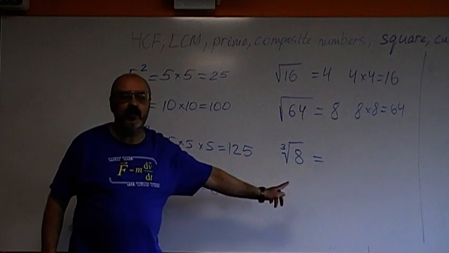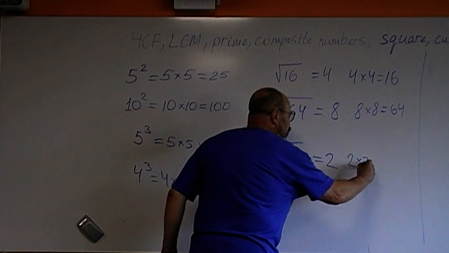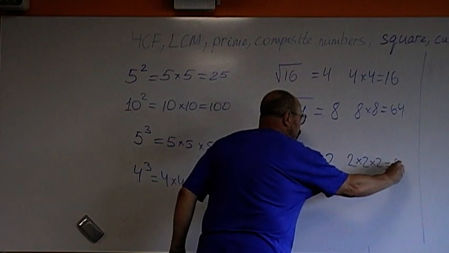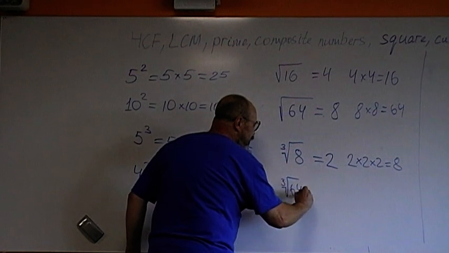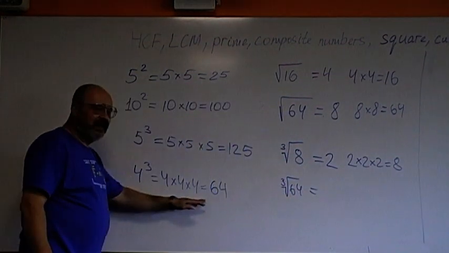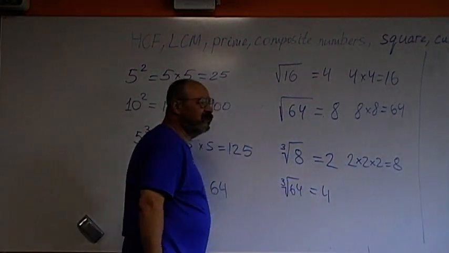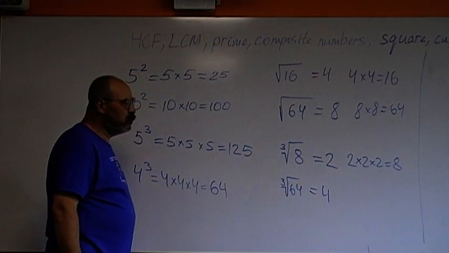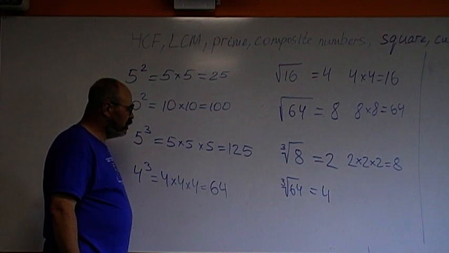What does the question ask? It equals 2 because 2 times 2 times 2 equals 8. Cubic root of 64 equals 4. It's just the square root divided by 2. Because the square root of 64 is 8, divided by 2, the cubic root of 64 is 4.